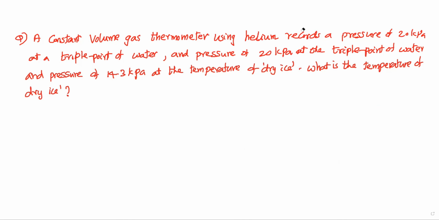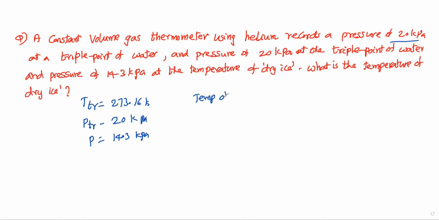Yes, how to calculate this answer? Temperature at triple point is 273.16 Kelvin. Pressure at the triple point of water is 20 kilopascals, what they have given. Now pressure P is equal to 14.3 kilopascals.